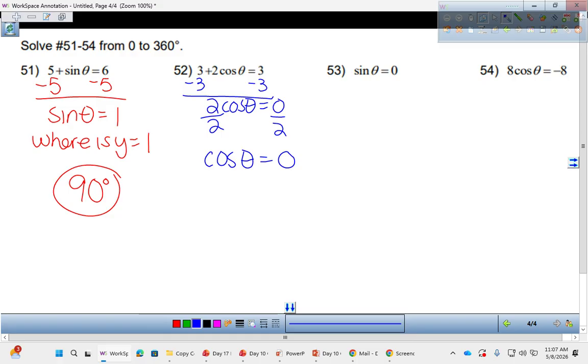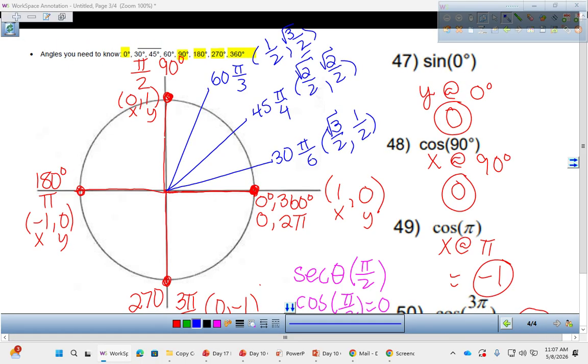And since it's x, I have to find where x is 0. So look on the edges at your coordinate points. Where is x 0? In degrees. X is 1, y is 0.